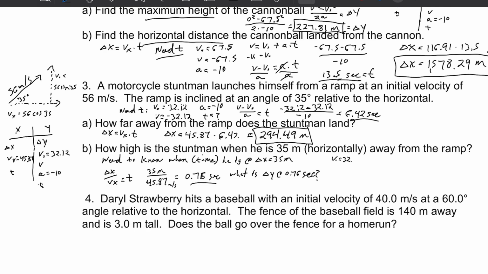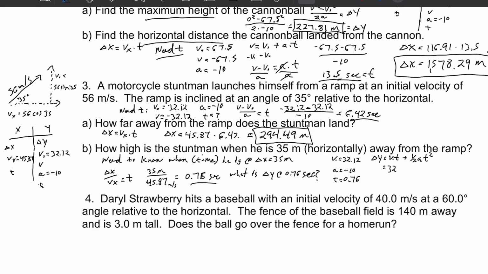We're going to be using the equation delta y is equal to v naught t plus 1/2 at squared. We're solving for delta y. The equation's already set up for us, so we can plug in some numbers.